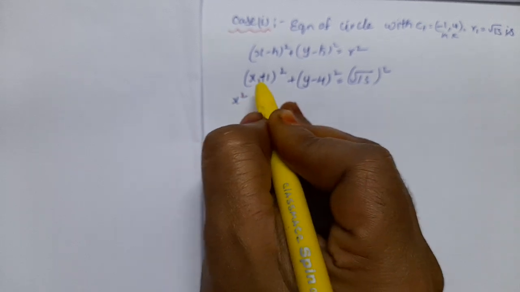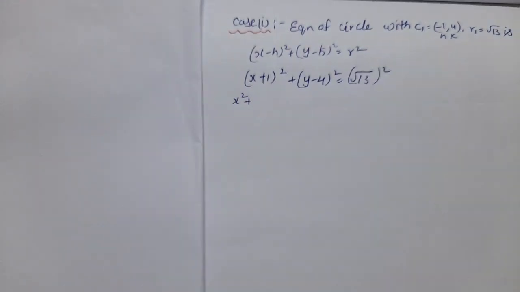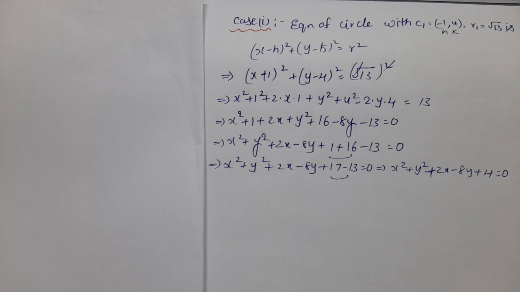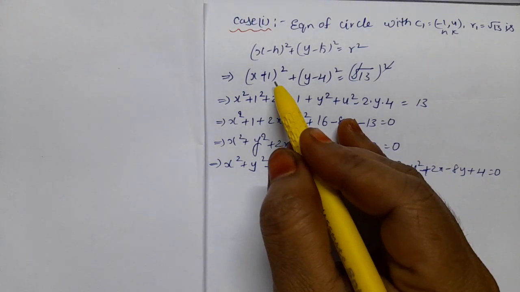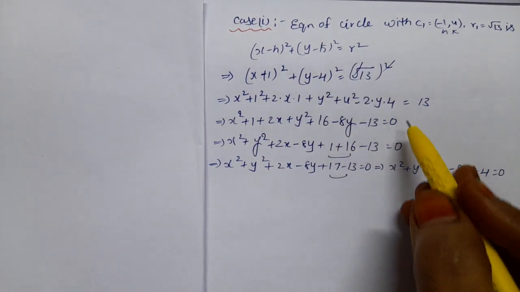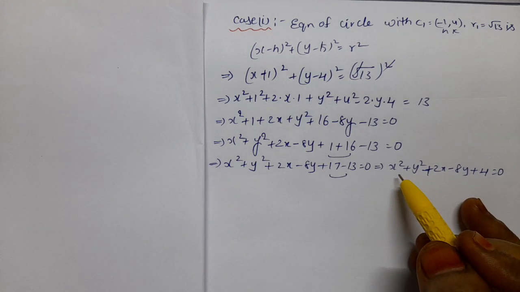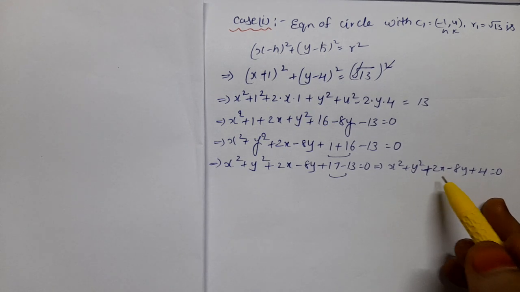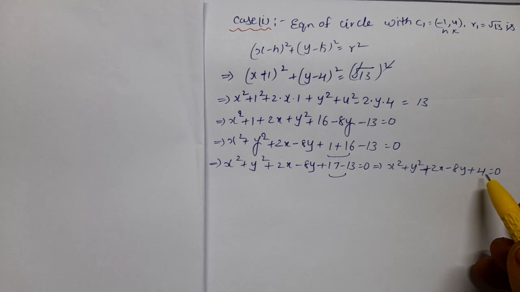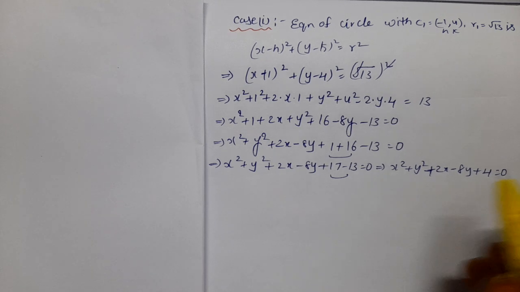Expand in the form of (a plus b) whole square and (a minus b) whole square. The required equation of a circle is x square plus y square plus 2x minus 8y plus 4 equal to 0.